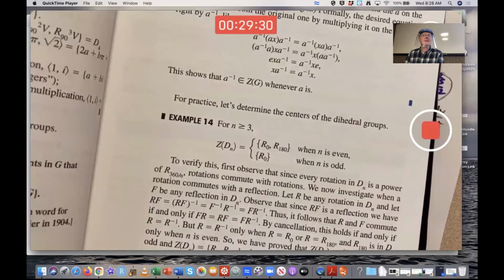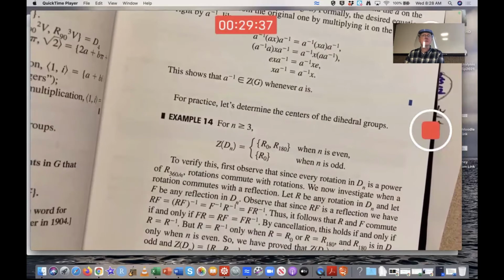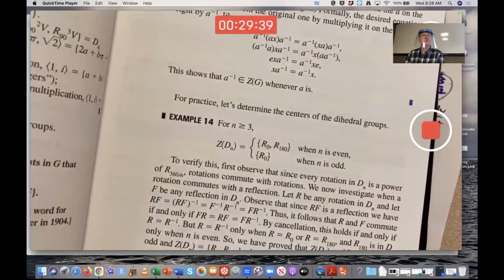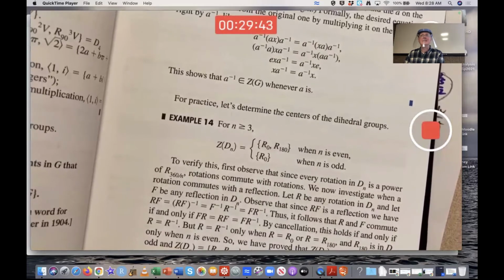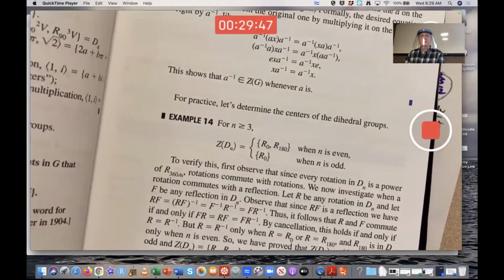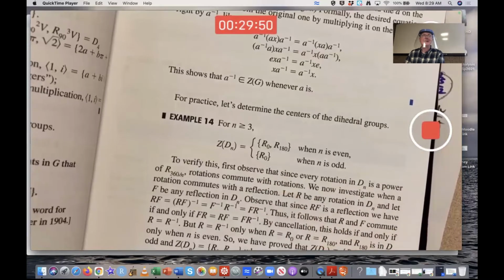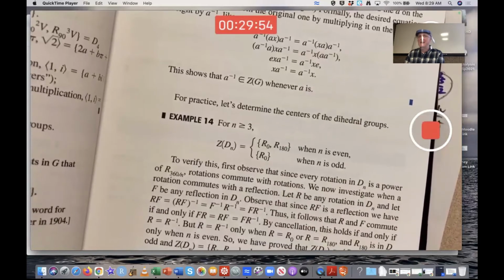Your regular polygon has to have an even number of sides for a rotation by 180 degrees to be a symmetry. Does that make sense? So squares, hexagons, octagons, you all have symmetries where you rotate by 180 degrees. And when it's odd, like a pentagon or a triangle, R180 is not even a symmetry of it.